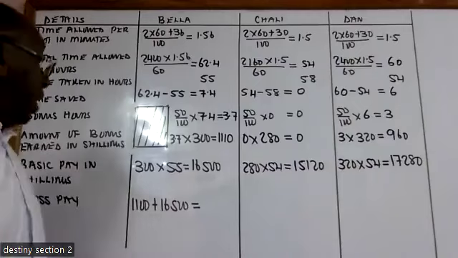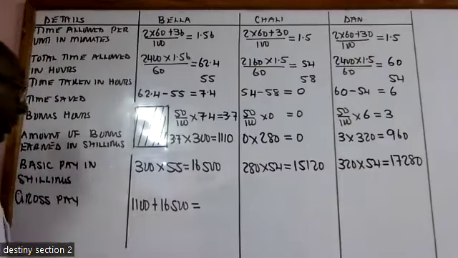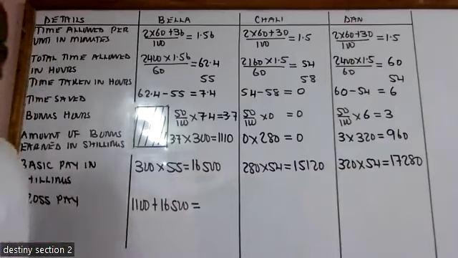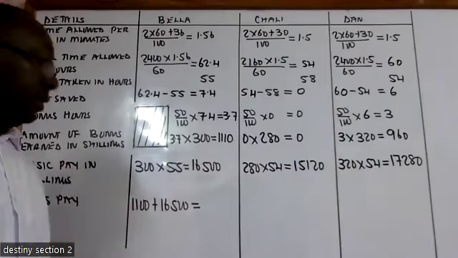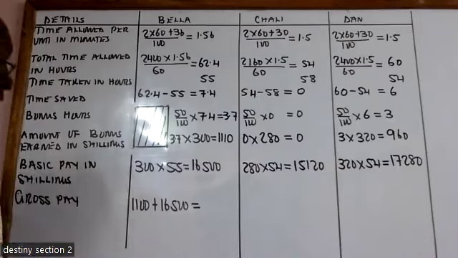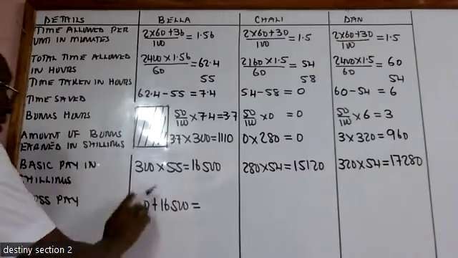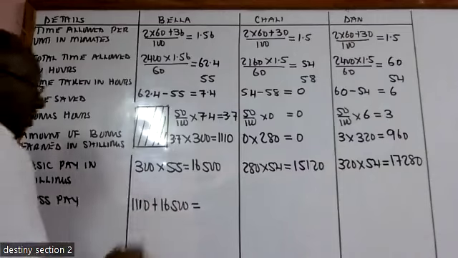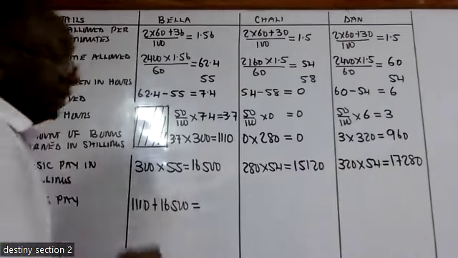Good. Now tell me this one. 1,100 plus 16,500 is a total of what? Is it 17,610? Oh, this was 10. Okay, 11. Okay, thank you. So 17,610.